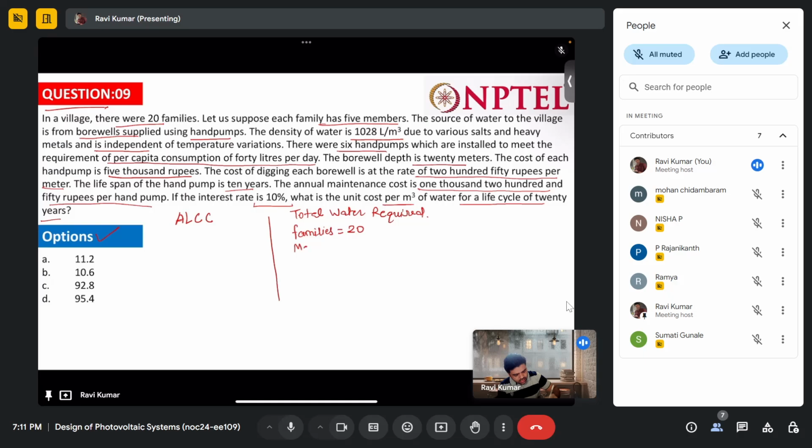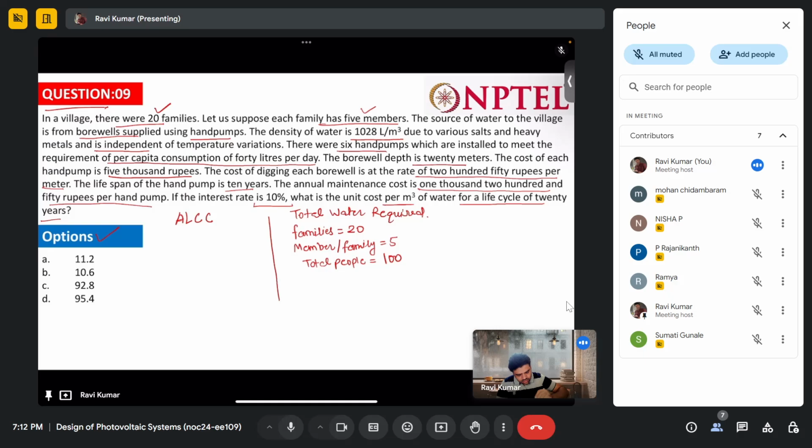Members in each family? Per family 5. Total people equals 100. So this we have considered. Let us suppose this family 5 members considered.